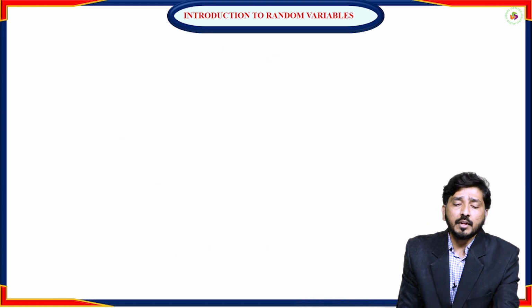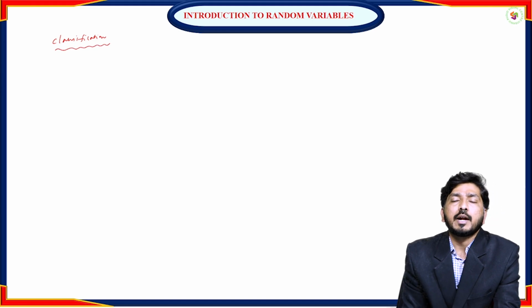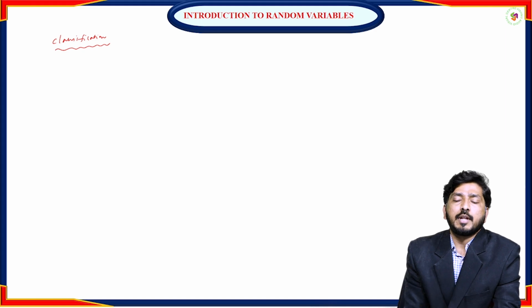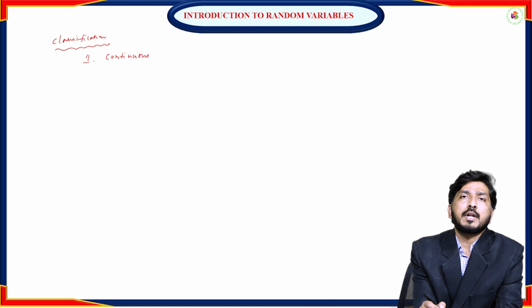Now we have the classification of random variables, different types of random variables. Based on the nature of the random variable, the random variables are categorized into three different types. One is continuous random variables.